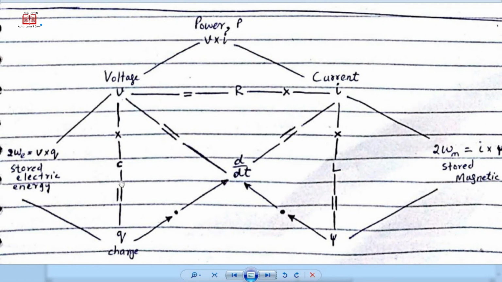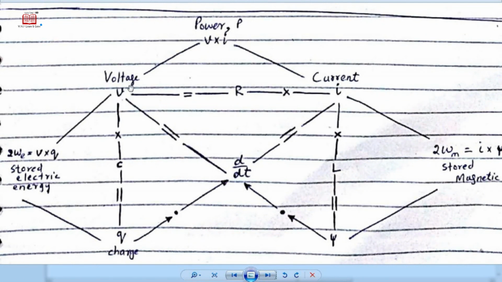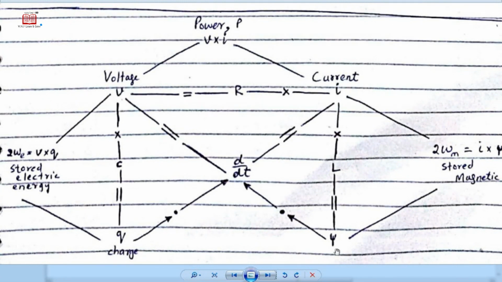Here you can see different parameters: voltage, current, inductance, derivative, resistance, charge, and this is the flux. This means voltage coming here, and this means charge coming here. So voltage multiplied by charge is equal to 2WE. What does it mean?